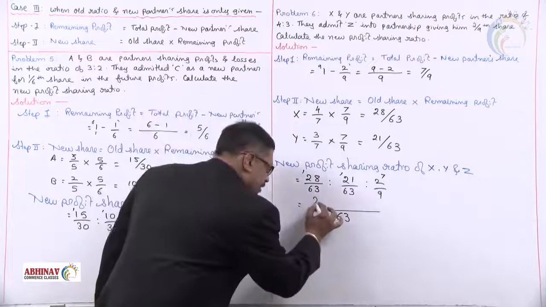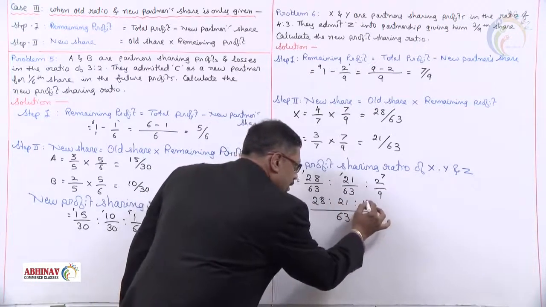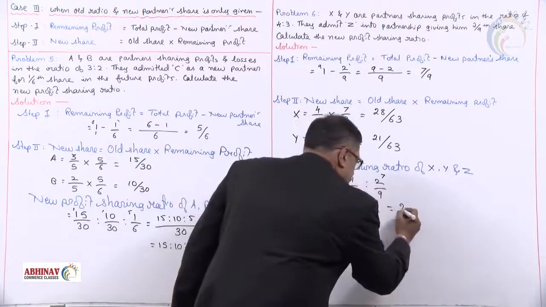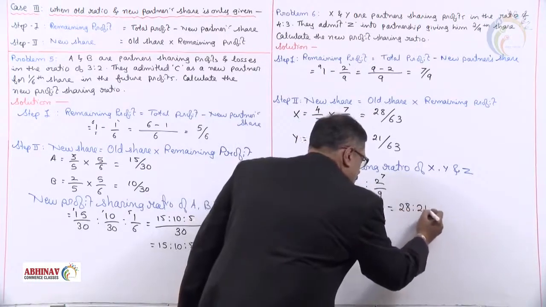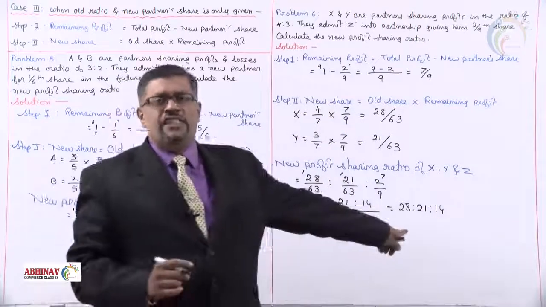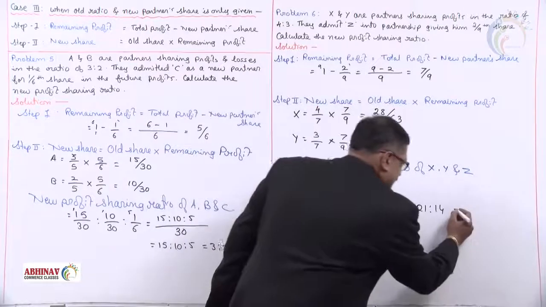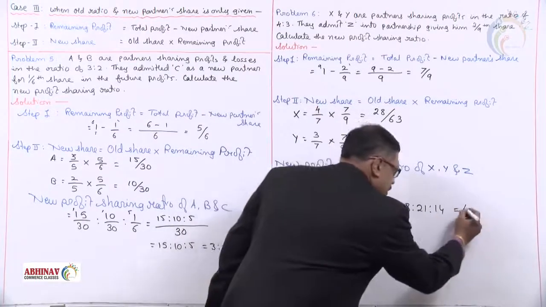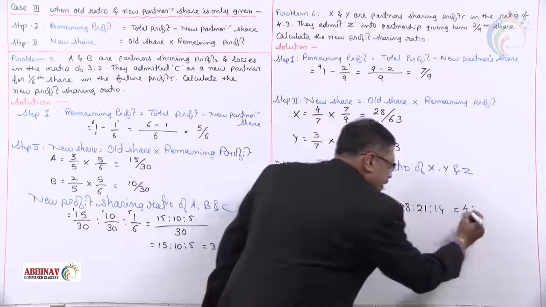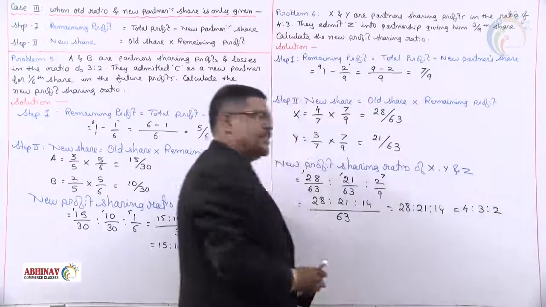So what we get, the ratio is 28 is to 21 is to 14, which we write as 28, 21, 14, easily divisible by 7. So 28 divided by 7 is 4, 21 divided by 7 is 3, 14 divided by 7 is 2.